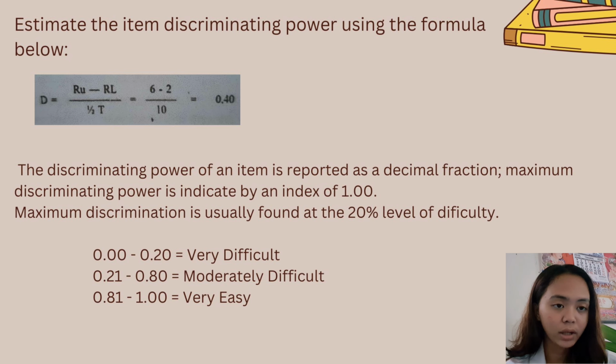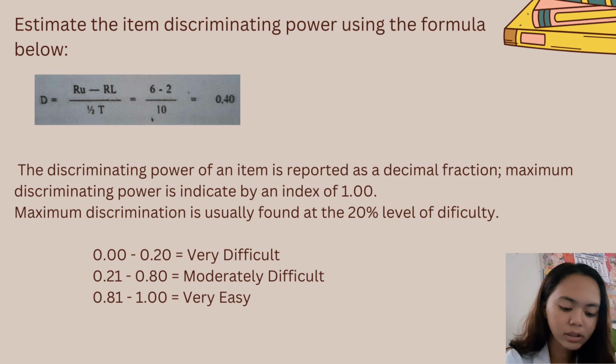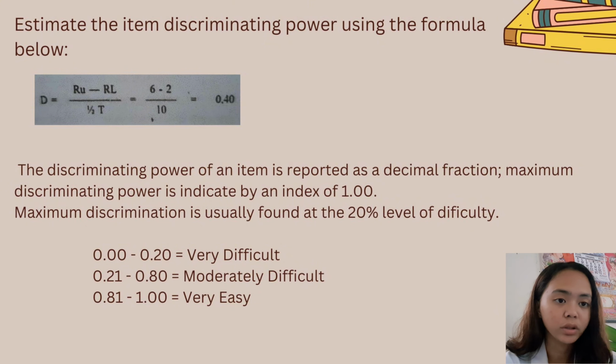The 0.21 to 0.80 is moderately difficult, and the 0.81 to positive 1 is very easy. So ang total score na nakuha natin kanina is 40%, which is nakasama siya sa moderately difficult. So ang item na in-example dito multiple choice ay moderately difficult lamang.